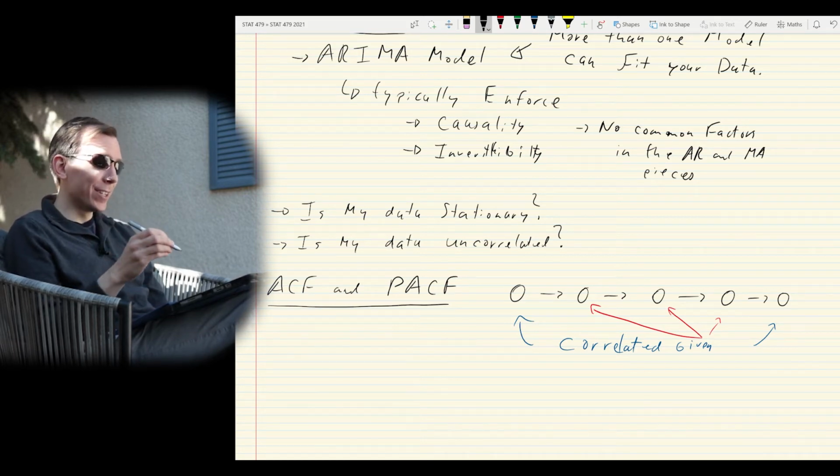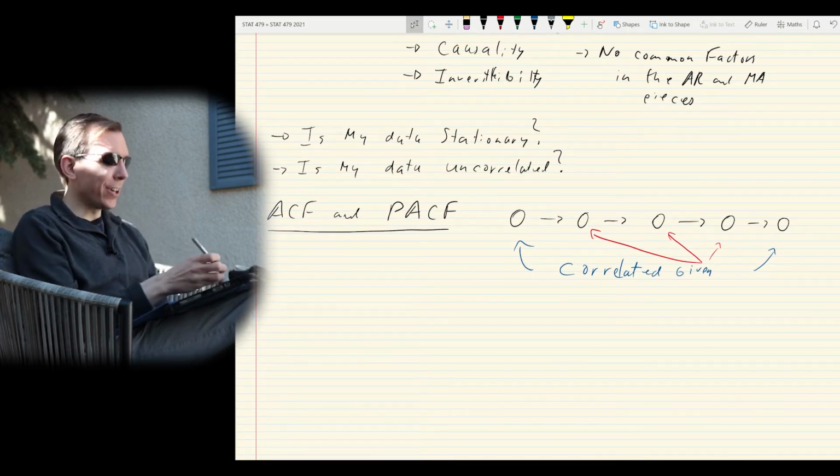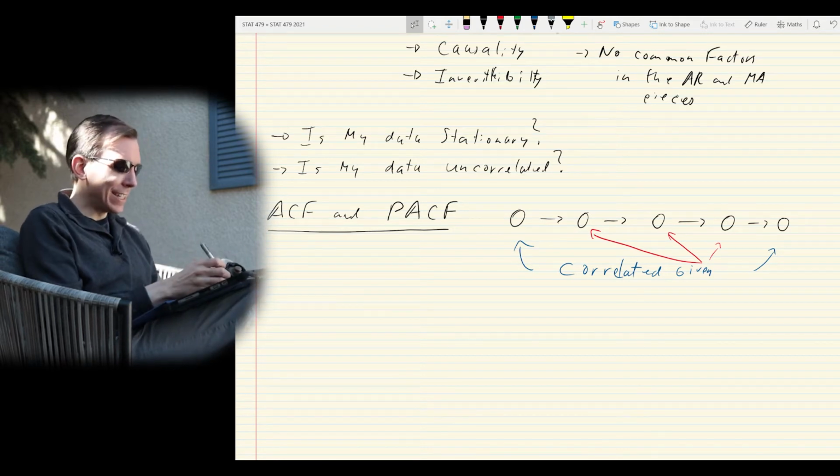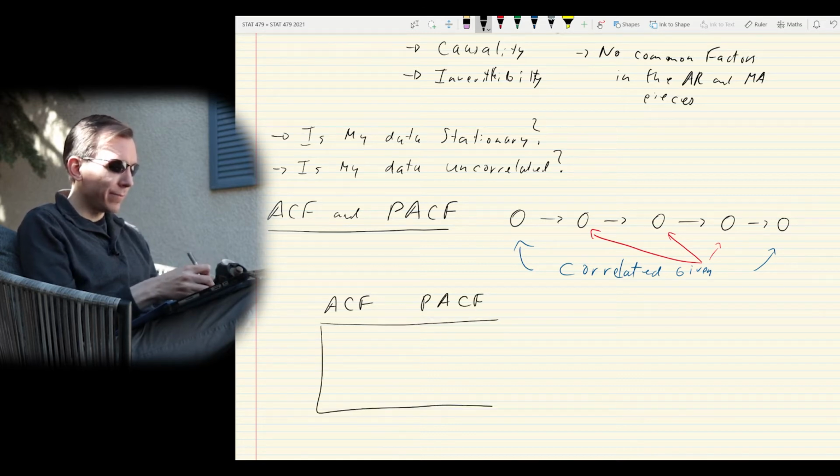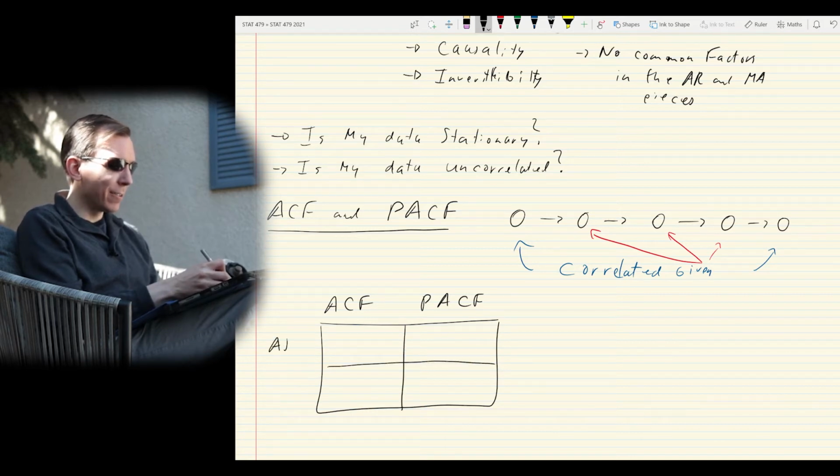What we found was that nice little chart that basically said something like ACF, PACF, and AR, and MA.